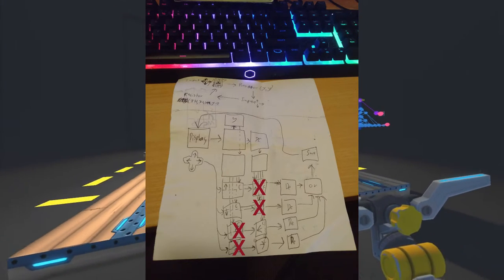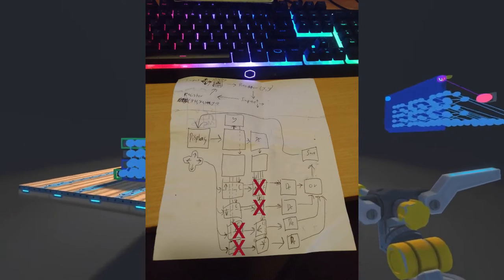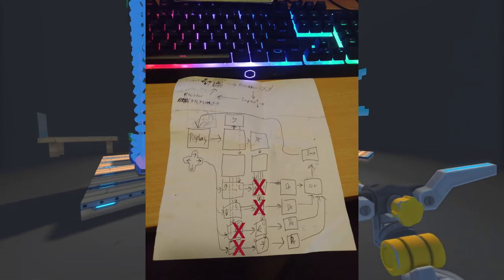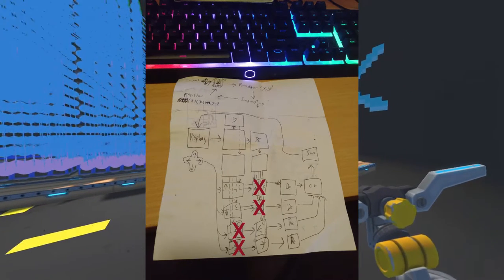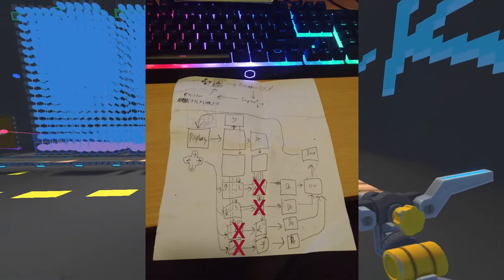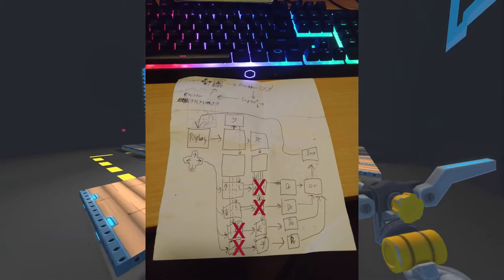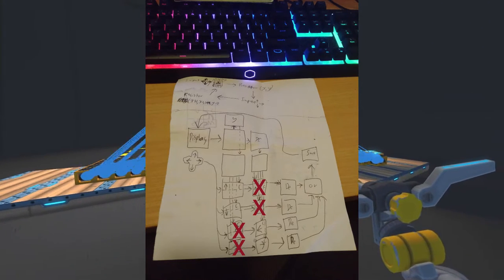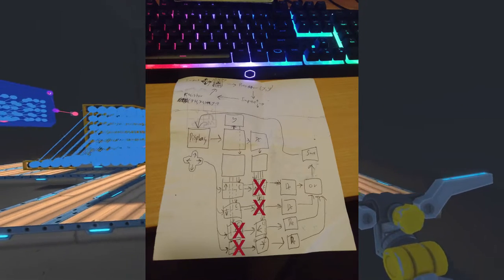But I didn't realize that the Y is only for up and down and the X is for left and right. So I'll just put red X's over the up and down on the X and the left and right on the Y. Then those coordinates go into the up and down or whatever it is.